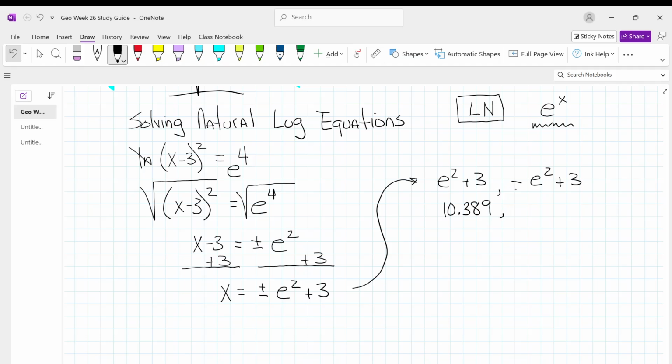And then our other solution would be the opposite of e squared plus 3. So we can take the e squared again, make it negative, and then add 3 to it. And that's negative 4.389.